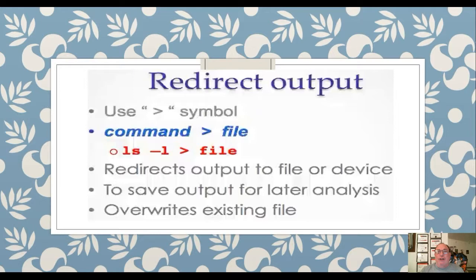So that allows you to take your command, store it in a file, and then you could do whatever you want with it within the file, or a device or whatever. It saves the output. You could analyze it later. They use this a lot in scripting. When we get into bash shell scripting and script interpreters and things of that nature, this is very important.